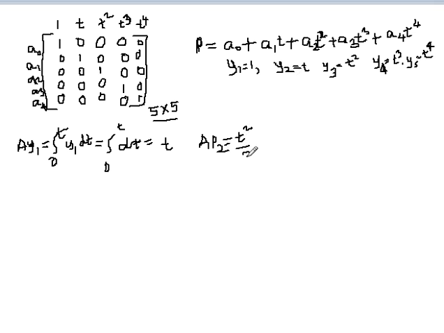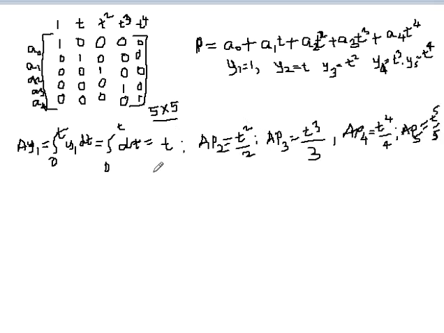A y3, when we do the integration of this, is t cube by 3. Similarly, the fourth one is t to the power 4 by 4. A y5 is t to the power 5 by 5.